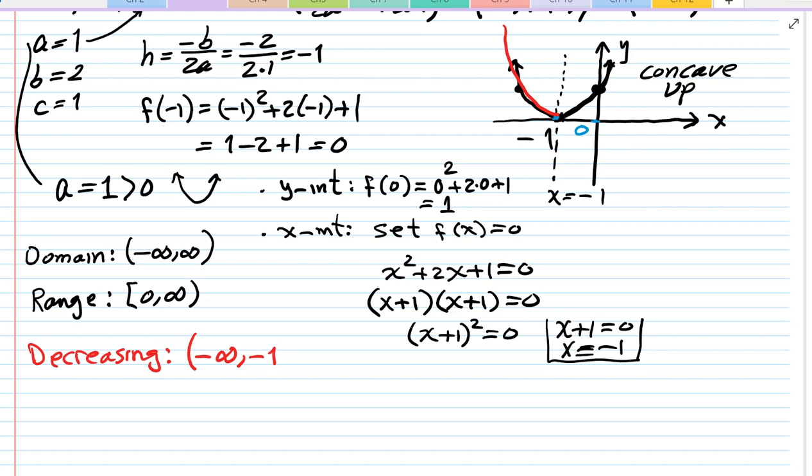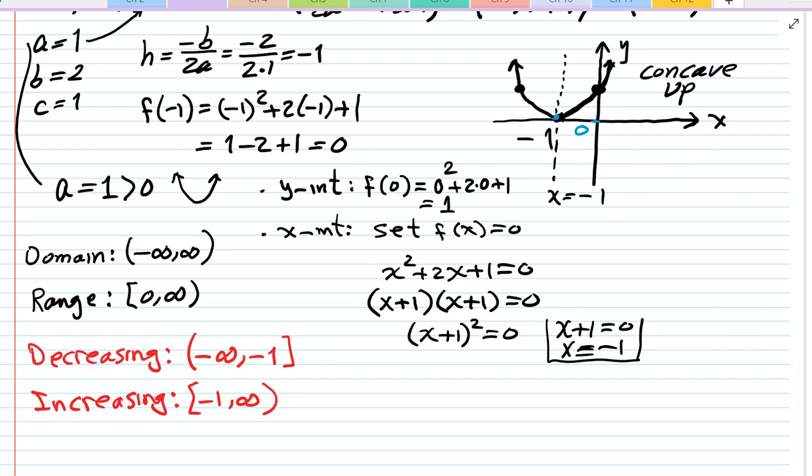Correct? Up to negative 1. And then it will be increasing thereafter, from negative 1 to infinity on the x-axis. That's this part right there. All right, we did that part also.